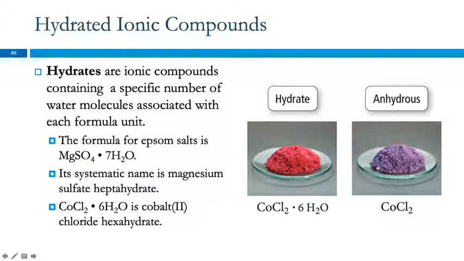That dot is not a multiplication sign, okay? It doesn't mean that it's multiplied by 7 water molecules, because how could you do that, right? It's a dot saying these guys are together. So for every one of these things, we have 7 of those. Okay? The systematic name given there is cobalt(II) chloride hexahydrate.